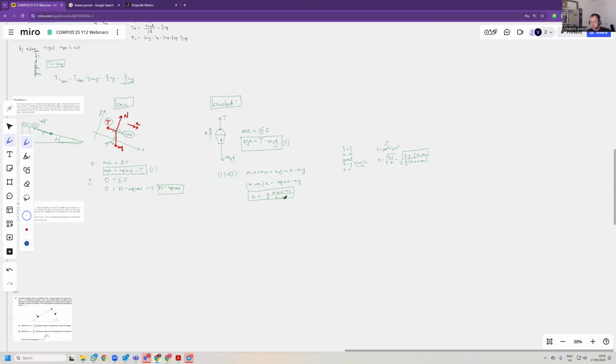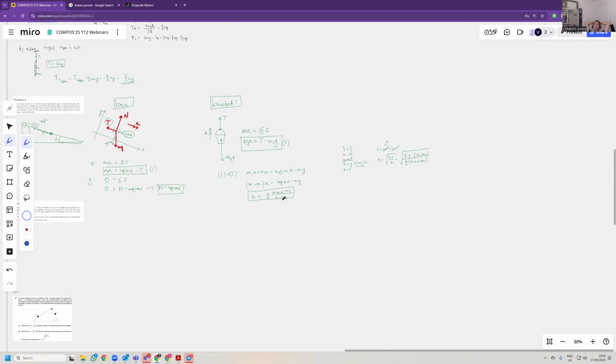It is important that the string and pulleys are massless. If the rope is massless, that means the tension at any point in the string is the same.